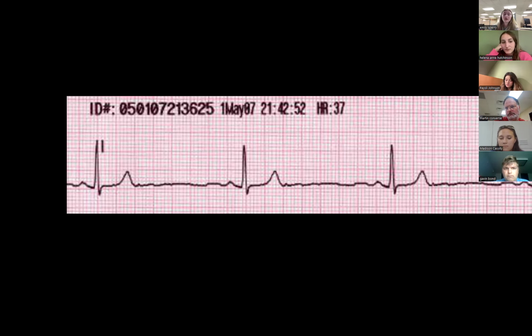Now, we don't want to put a bunch of pressure on top of that, because that will squish, technical medical term there, squish out the gel, and now we don't have good contact anymore. But what we want to do is apply gentle pressure to make sure that that sponge is making contact with the patient. Good job.